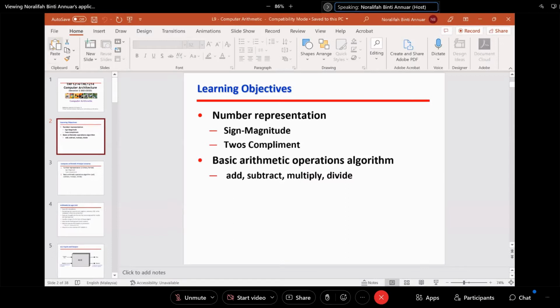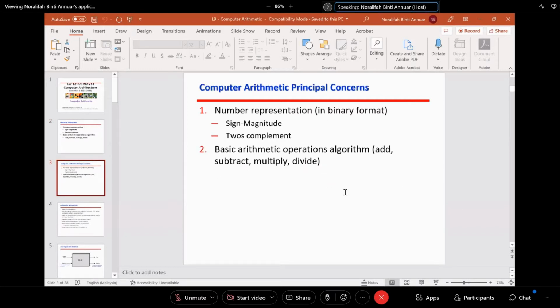So, if I'm not mistaken, some of the calculation here is already covered maybe in your CCN. I'm not quite sure. And also some of it we already covered in the earlier chapter. So, kita akan tengok macam mana dia kira sign magnitude, two's complement, and also the basic arithmetic operation algorithms that involve add, subtract, multiply, and division. Okay, so here, number representation in binary format, kita ada sign magnitude and two's complement.